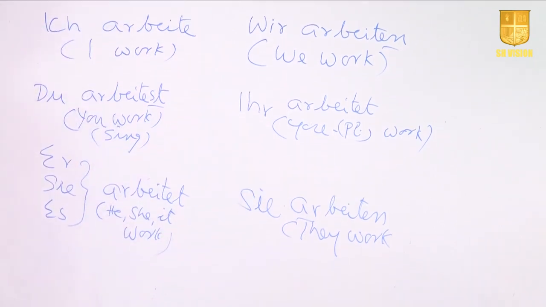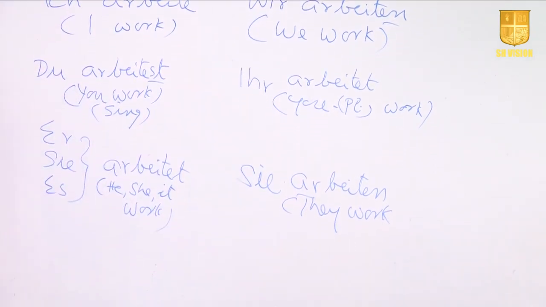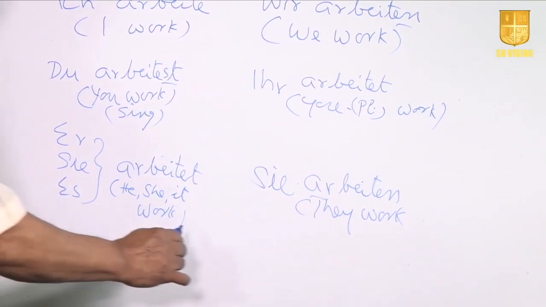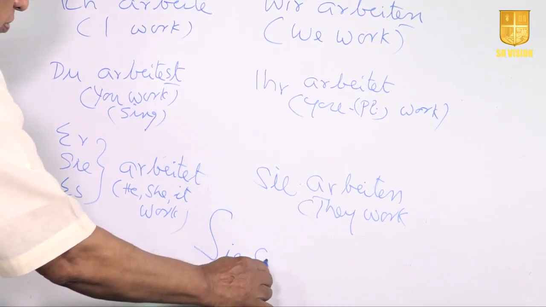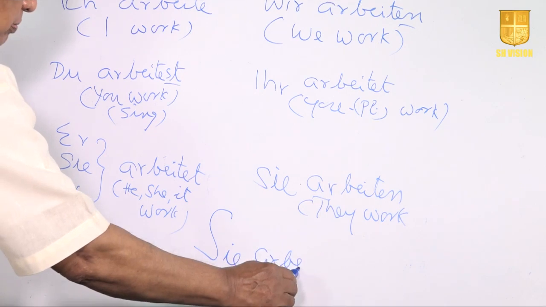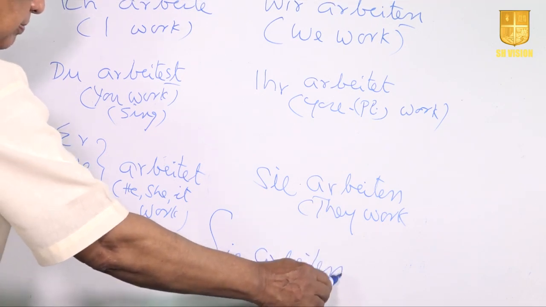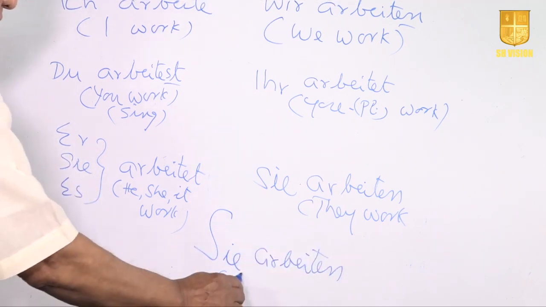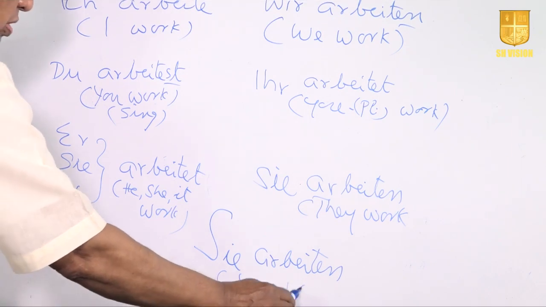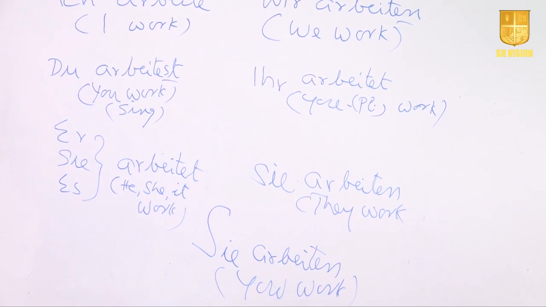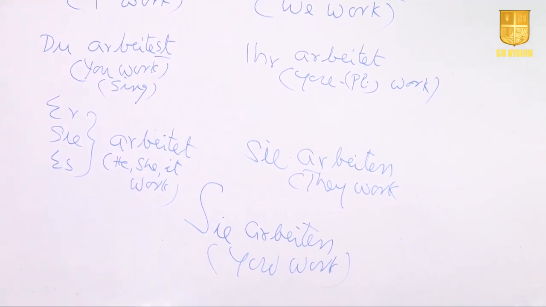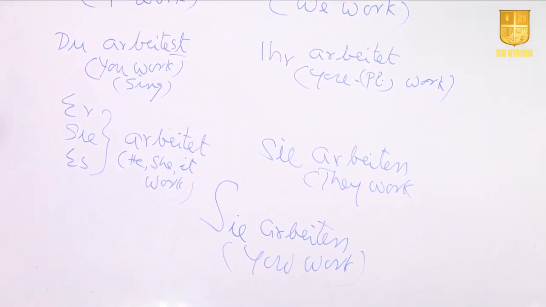Then you have the special form Sie, capital. That is also plural, always plural. Sie arbeiten. You work. It's a respect form. So this is the conjugation in the present tense.